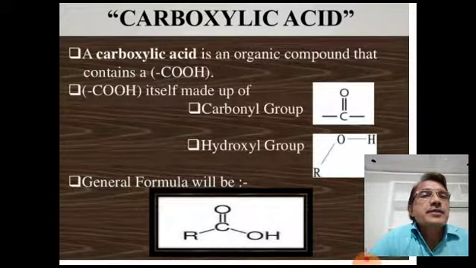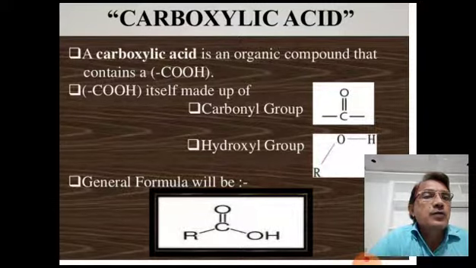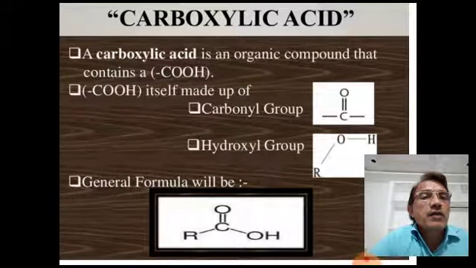A carboxylic acid is an organic compound that contains -COOH. -COOH itself is made up of carbonyl group, -CO-, and hydroxyl group, -O-H. General formula of carboxylic acid will be R-C-O-OH, where R may be H or alkyl or aryl.